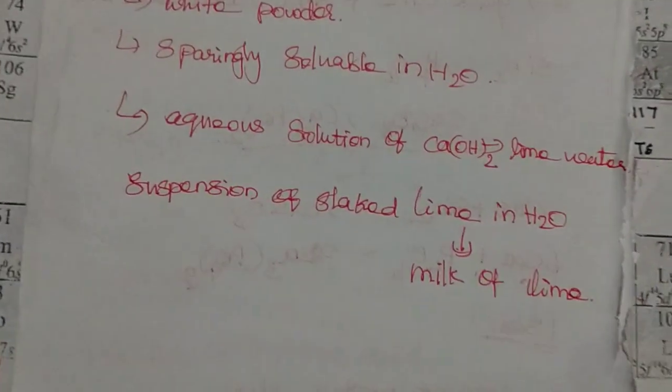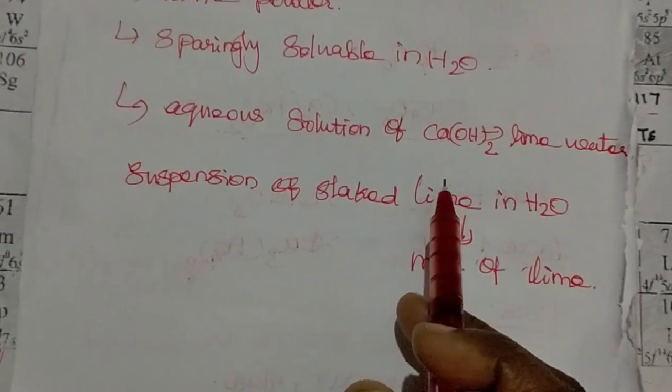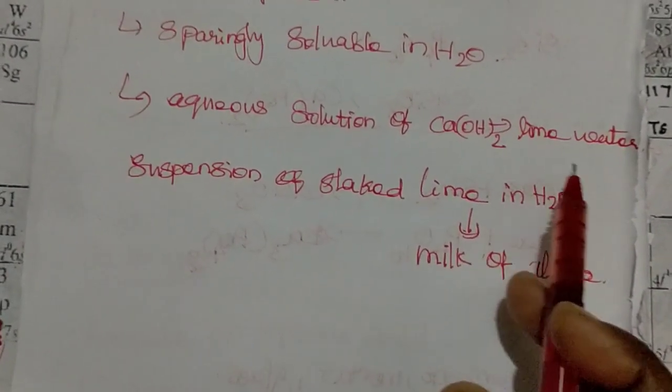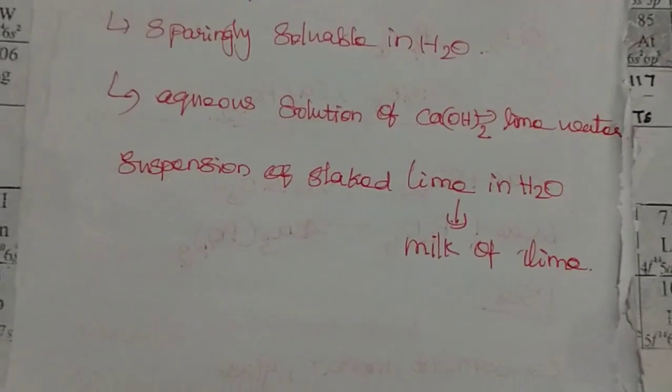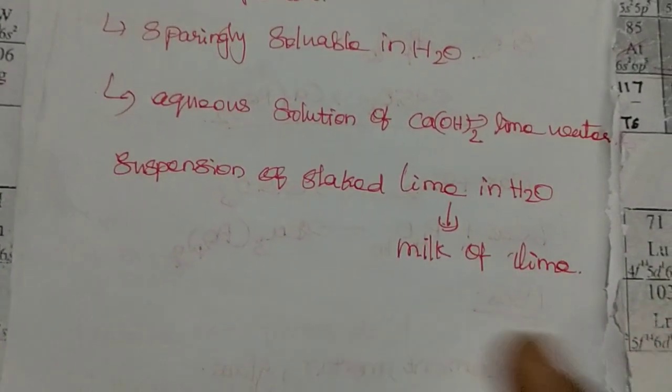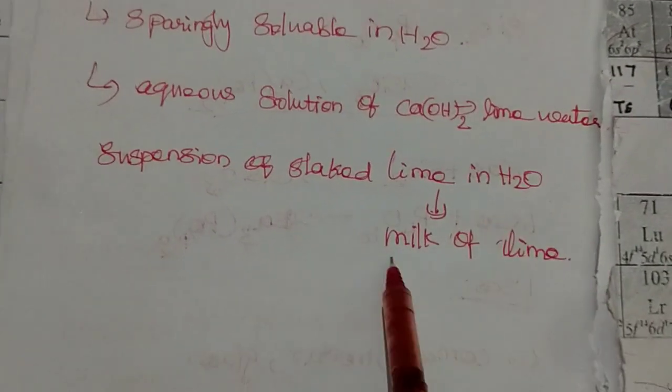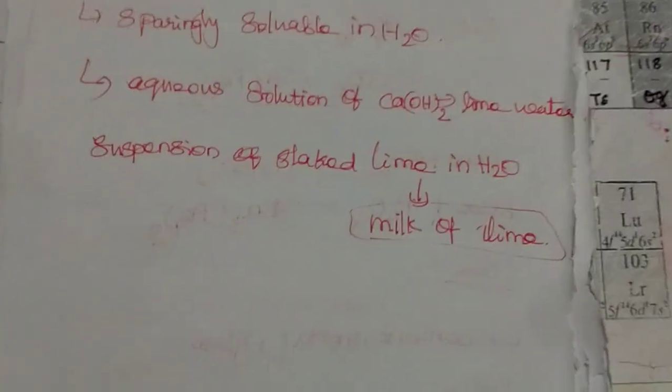Don't confuse these two. The aqueous solution of calcium hydroxide is called lime water, and the suspension of slaked lime in water is known as milk of lime.